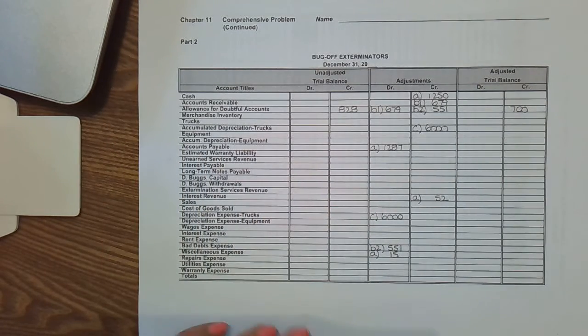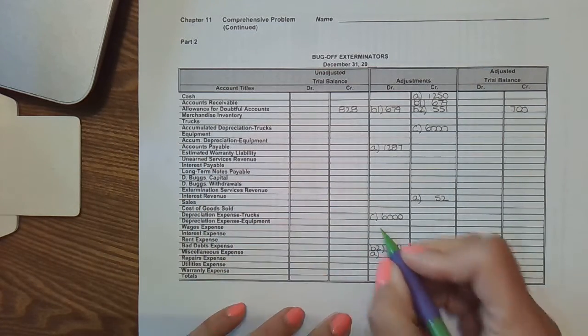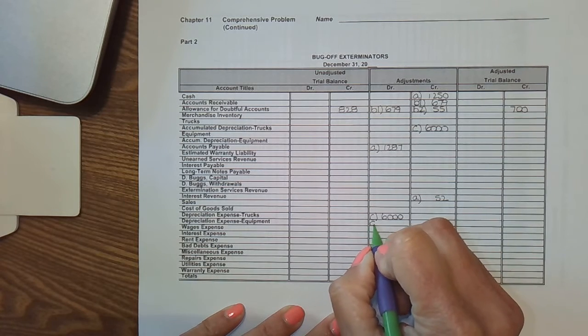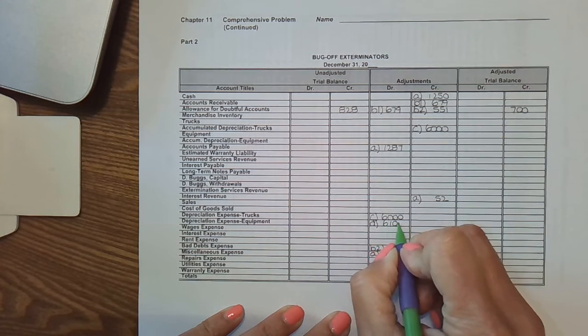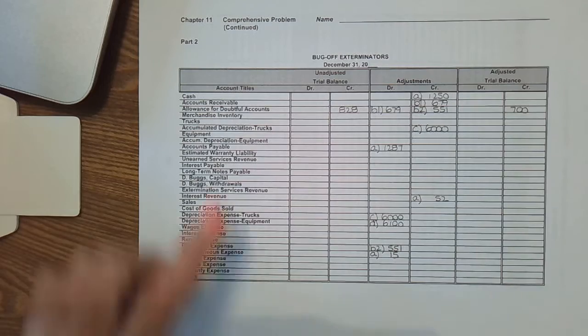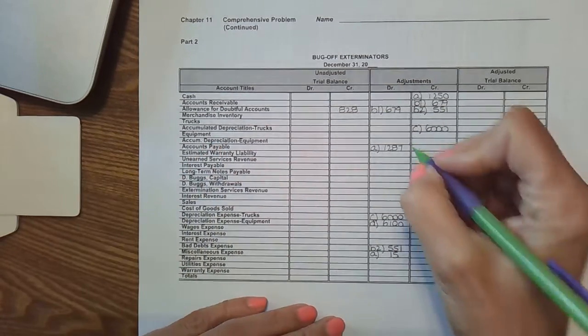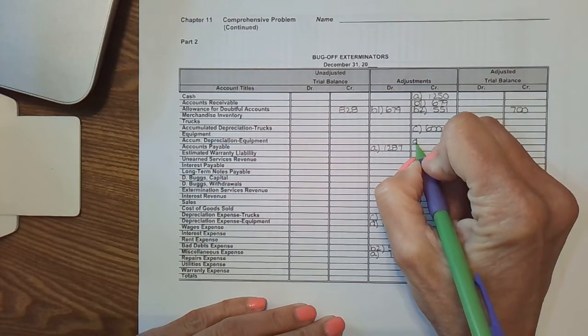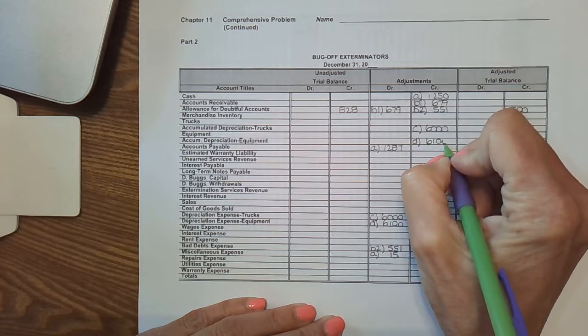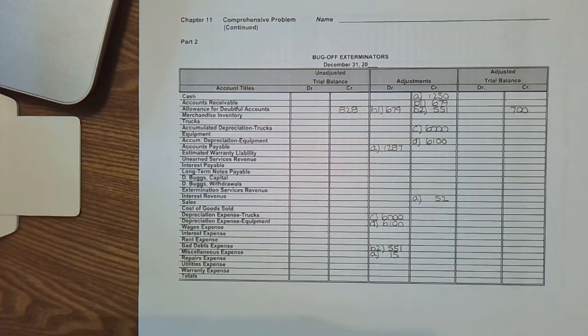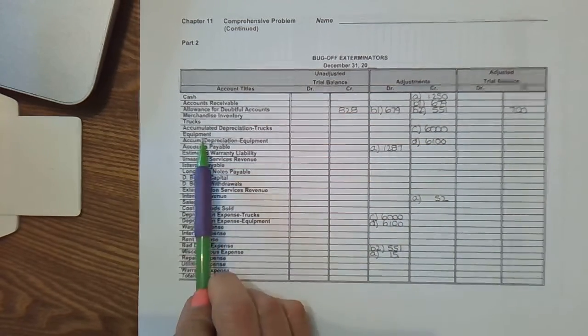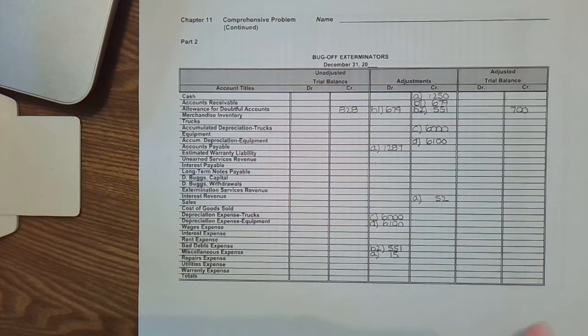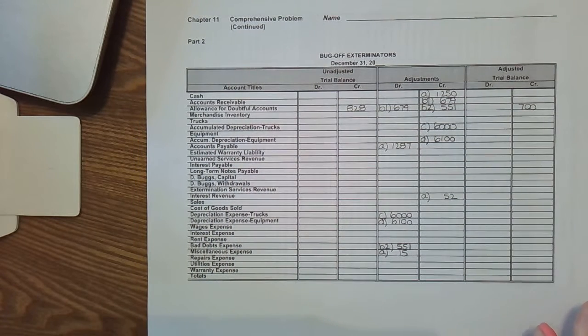And then this is going to be our depreciation expense equipment, debit, letter D, $6,100. And then our accumulated depreciation for the equipment, letter D, on the credit side, $6,100. So again, don't put it in the equipment. It always goes in your accumulated depreciation and your depreciation expense.